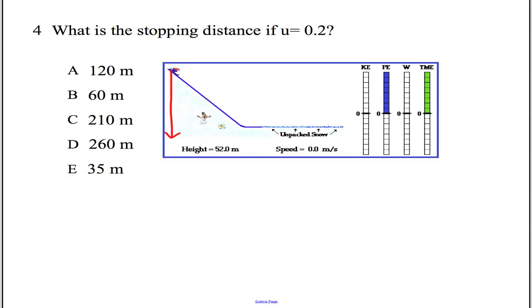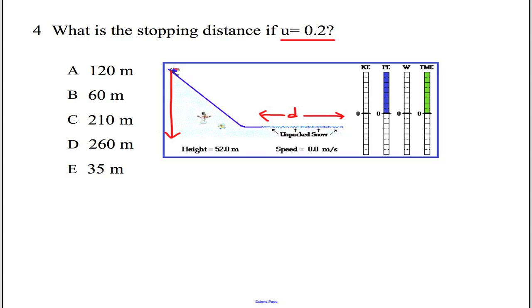And the coefficient of friction is 0.2. And the question is, what's the stopping distance here? Given that this is how much energy you have at the top, and that when you get here, friction stops you, the work done by friction stops you, what's the stopping distance?